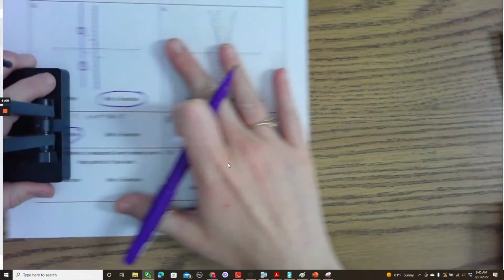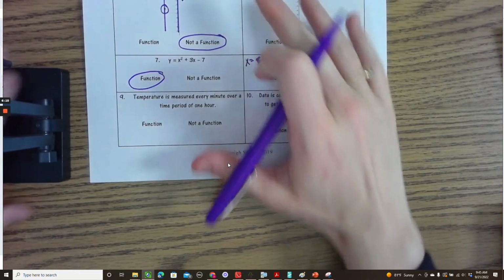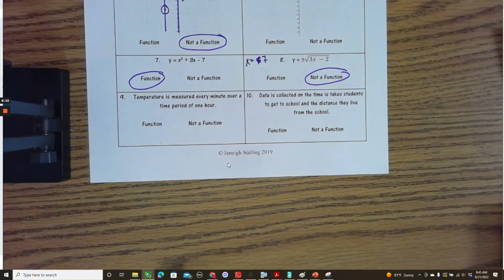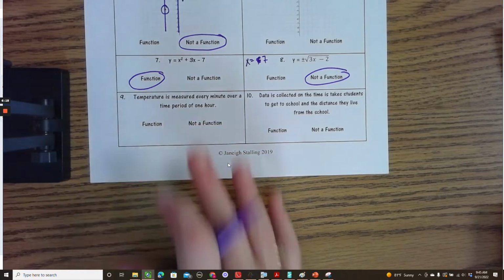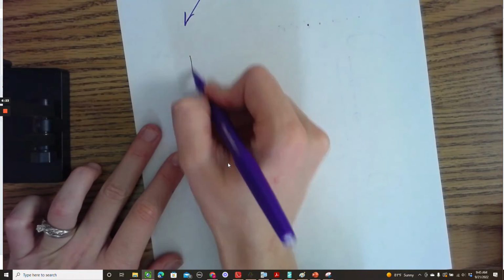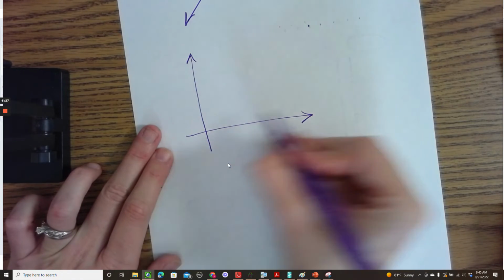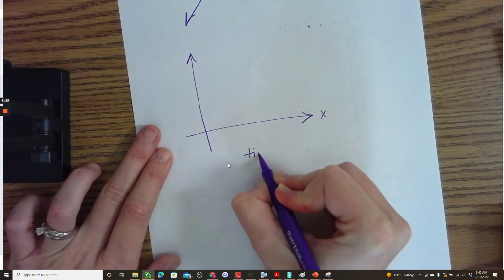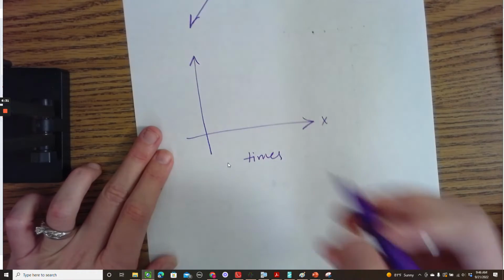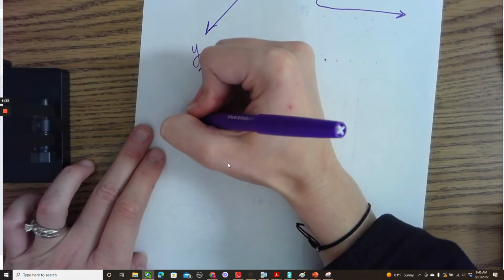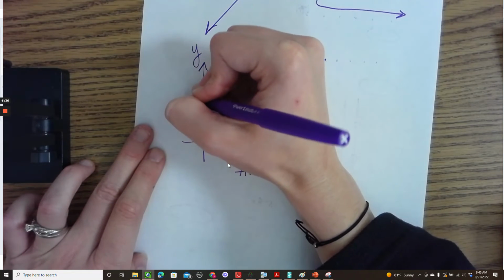Okay. Real world stuff here. Temperature is measured every minute over a time period of 1 hour. All right. So that means if I would make a graph here, X is going to be my time. Y is going to be my temperature.